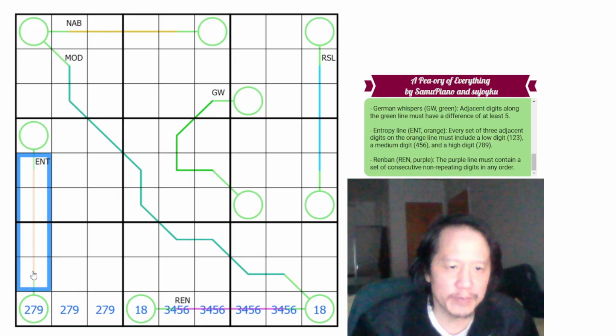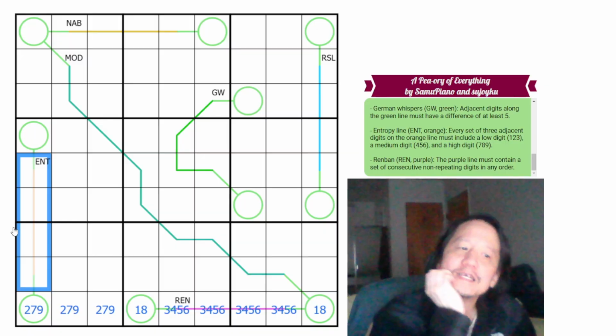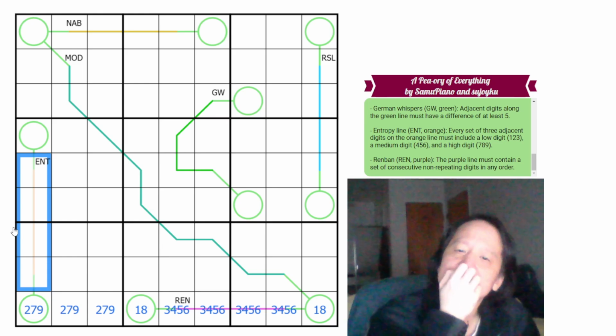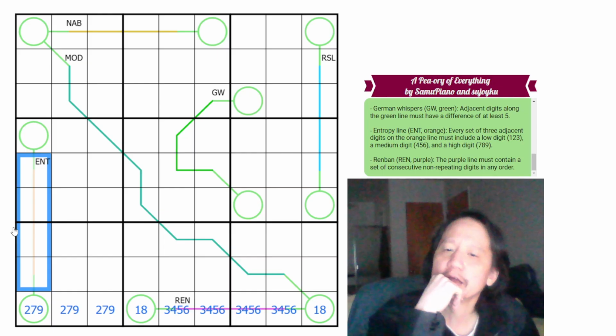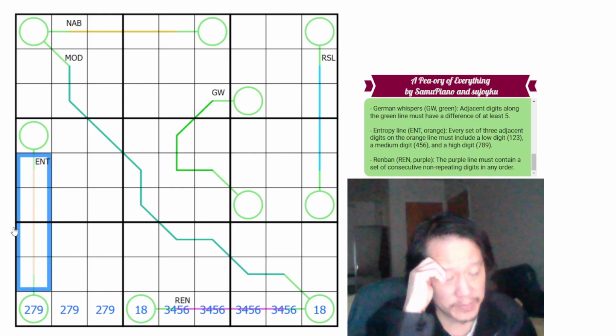This is an entropic line, so it has to have one low, one medium, and one high at least. So it's at maximum 3 plus 6 plus 9, which would be 18, plus 8, which is 26. So it's at maximum 26. It's at minimum 1 plus 4 plus 7 plus 2, which would be 14.